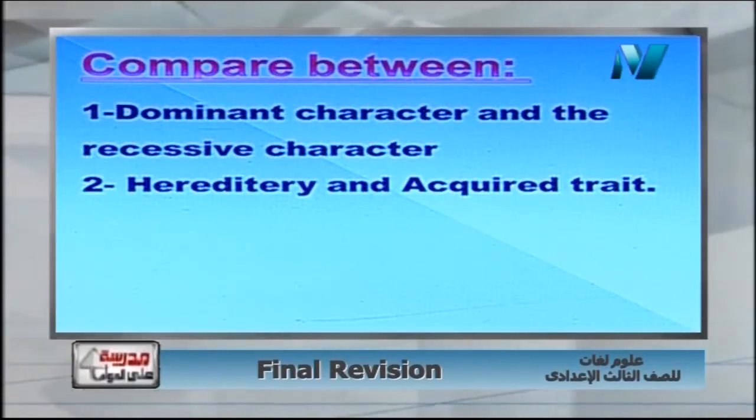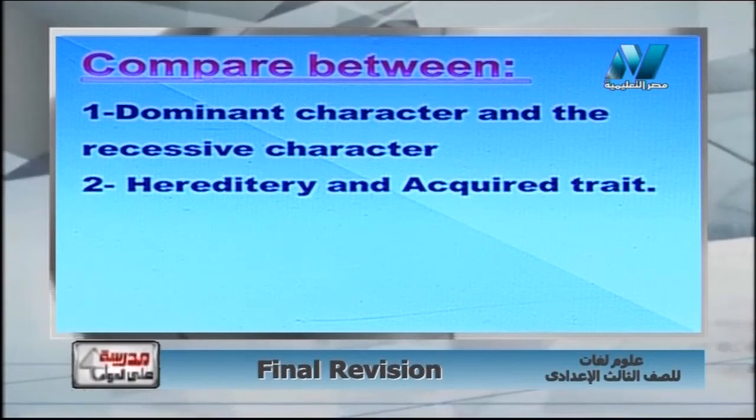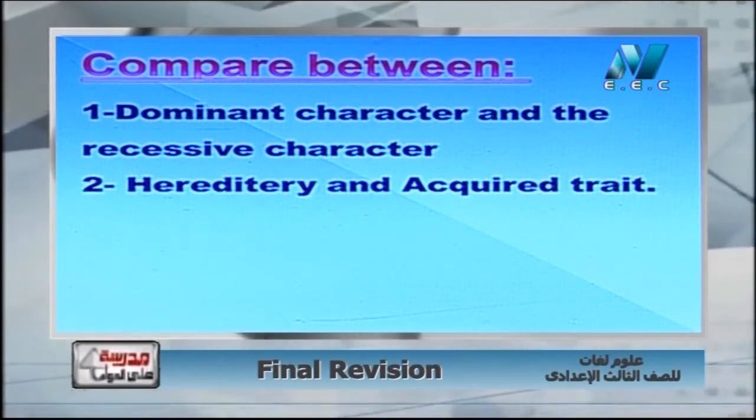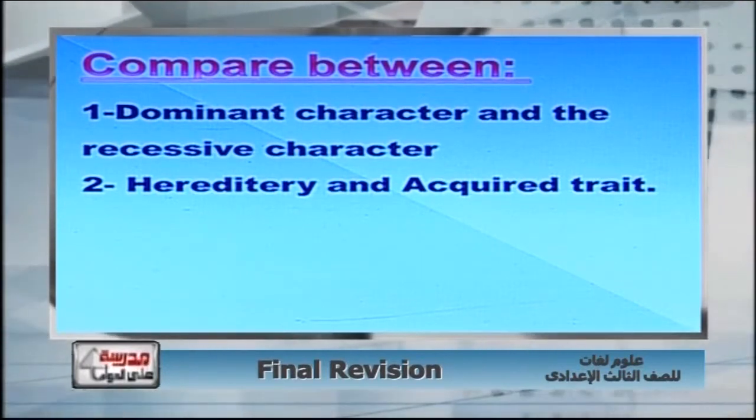Okay, now we are going to have some comparisons in our syllabus, which are dominant character and recessive character, and the hereditary and the acquired trait. In the last episode we made some important comparisons, like the difference between ammeter and voltmeter, and the difference between alternating and direct current.